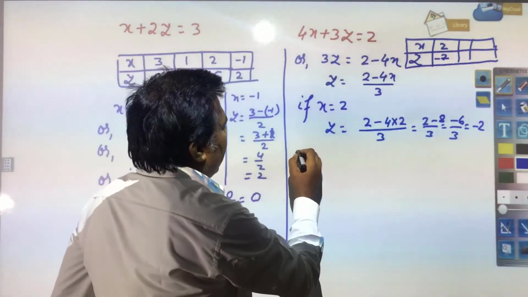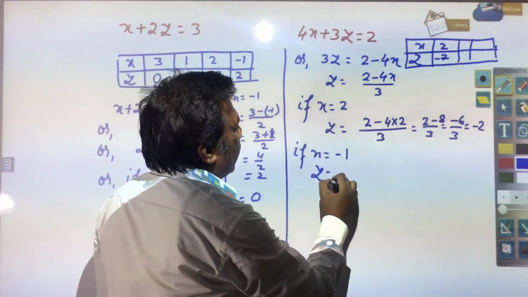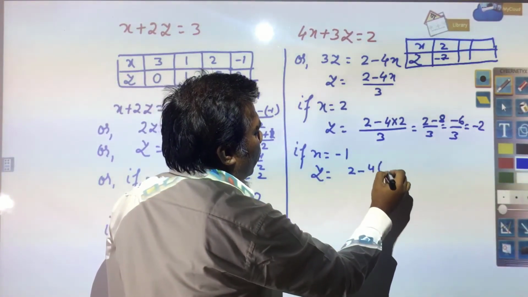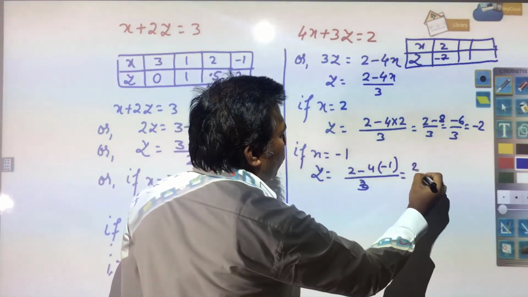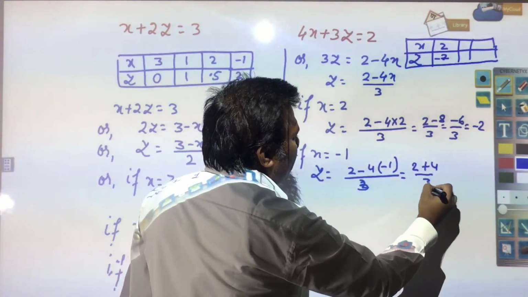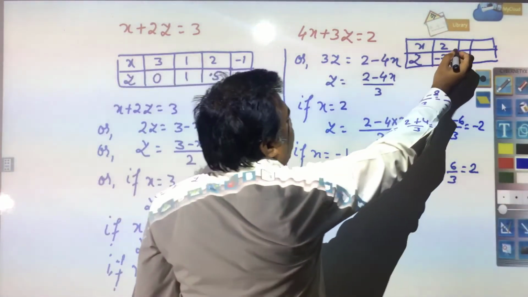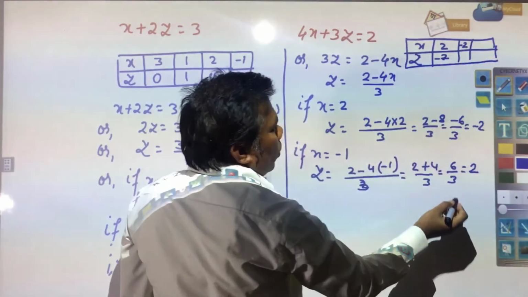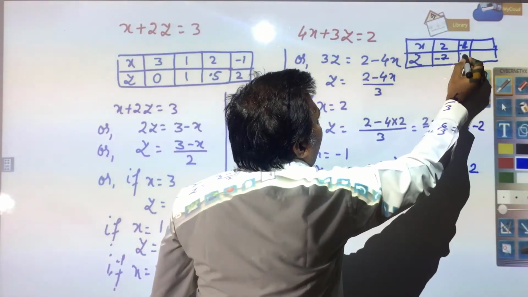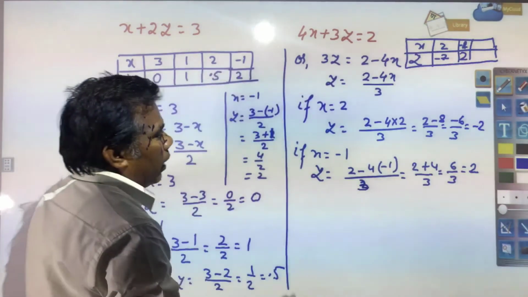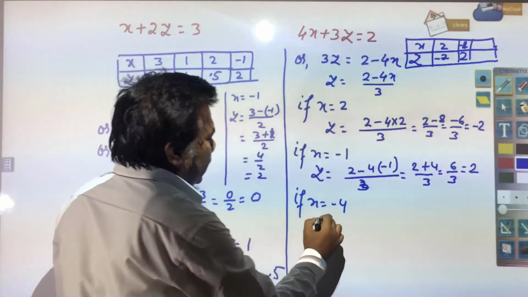Next, suppose x is equal to minus 1, then y is equal to what? (2 minus 4 into minus 1) divided by 3, and this will be (2 plus 4) by 3, and this will be 6 by 3, and you will get 2. So, when you assume x is equal to minus 1, the value of y you have got is 2. And if x is equal to minus 4, in this case what will you get?